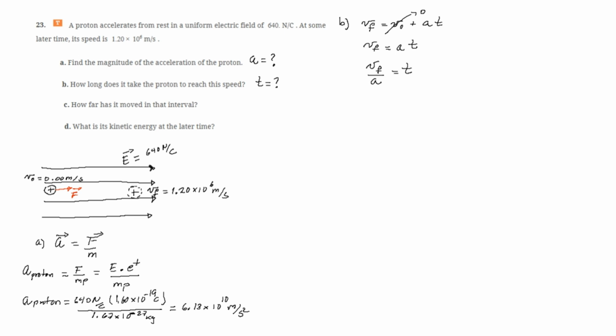So if I divide the velocity of the proton at this point, 1.20 times 10 to the 6 meters per second, by the acceleration of the proton, 6.13 times 10 to the 10 meters per second squared, this will be the time.